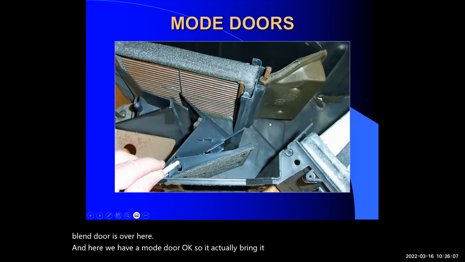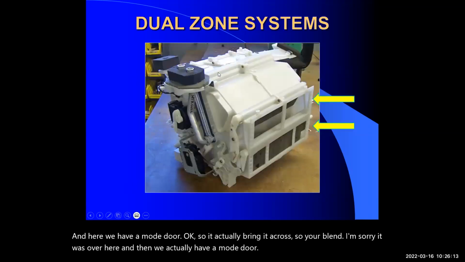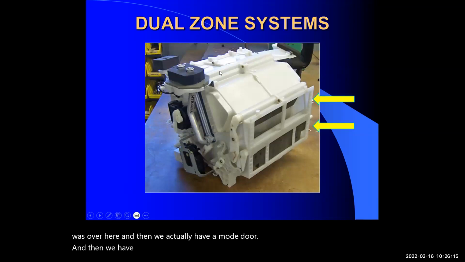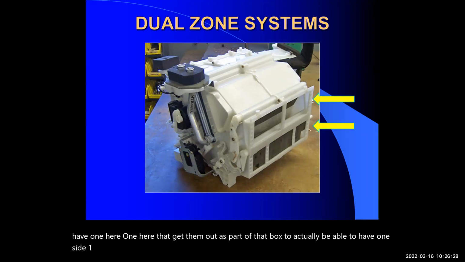Your blend, I'm sorry, it was over here, and then we have a mode door, and then we have that dual zone control. So that has two different ductings going out. We have one here that is part of that box to be able to have one side one temperature, one side another temperature like that.